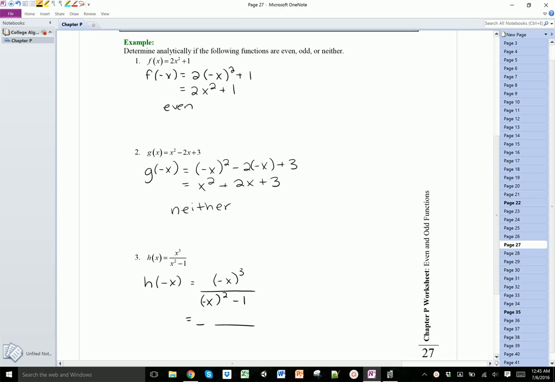It makes it a little more obvious what the answer is when I do it that way. Over, and then this becomes just x squared minus 1. The reason I brought it out was so we can see that this negative out here is the exact opposite of what we started with, because if it was the positive one, now it's the negative one. So this is an odd function.